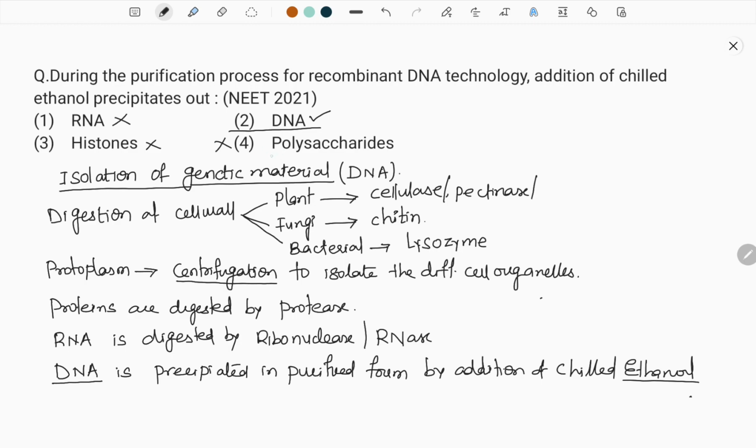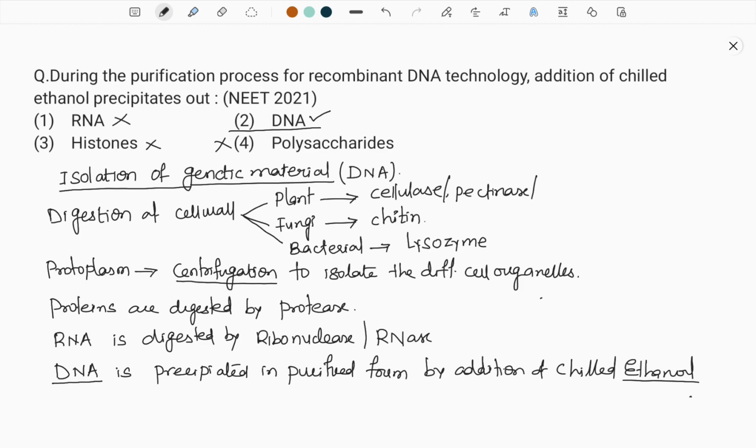Polysaccharides are nothing but carbohydrates. Histone proteins are basic proteins that are associated with DNA. We see H2A, H2B, H3, H4, H1. So, four types of histone proteins are present in nucleosomes. They are called intranucleosomal proteins.